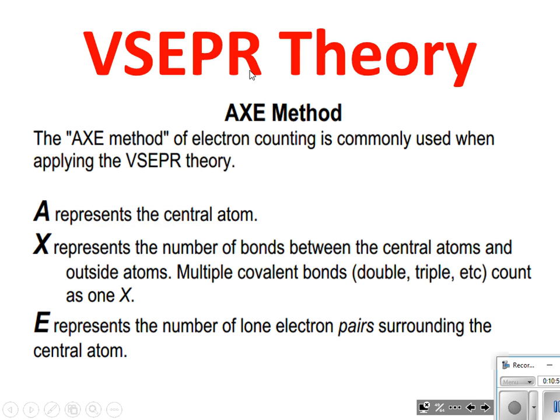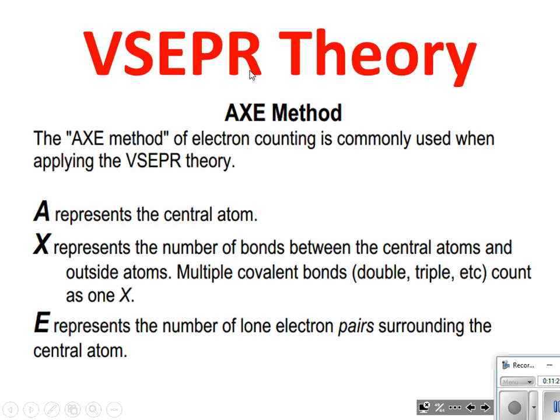When we are doing the VSEPR theory, you will talk about the AX method. The A represents the central atom. The X represents the number of bonds between the central atom and the outside atoms. It can be multiple, meaning single or double.